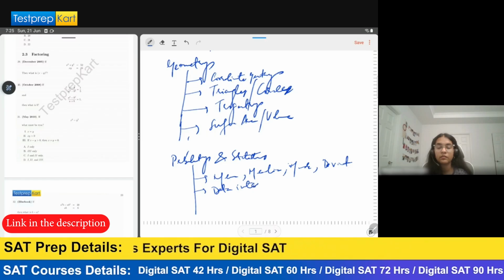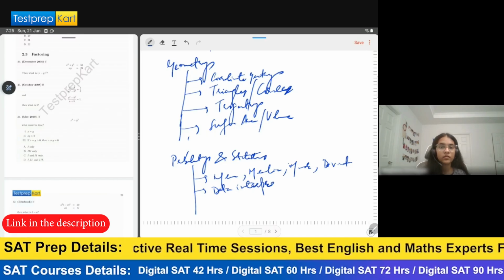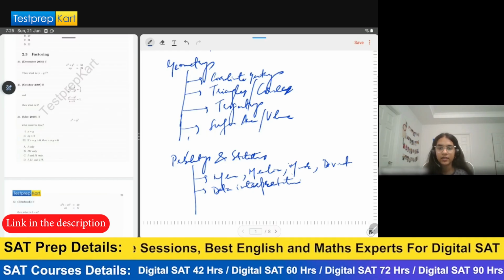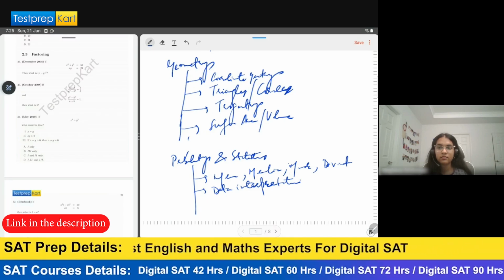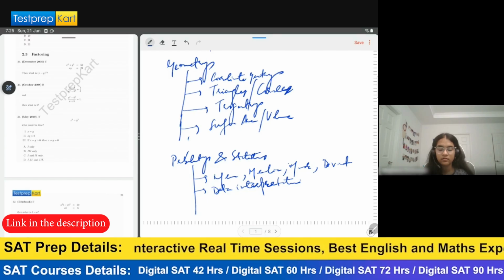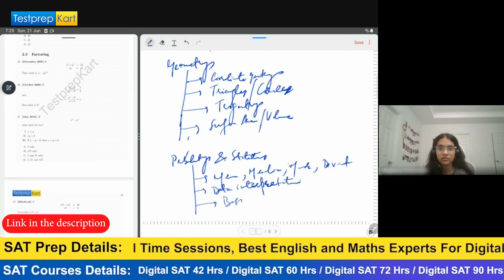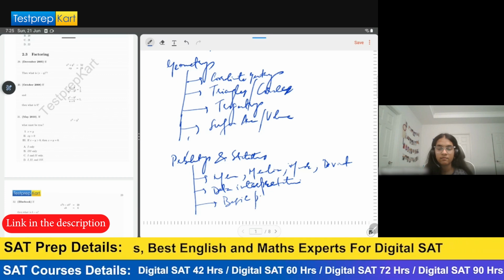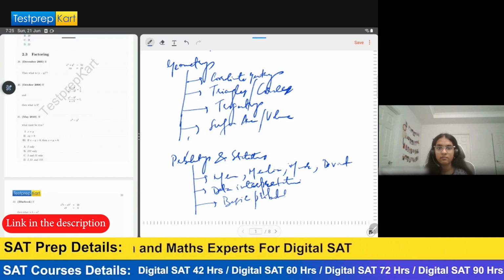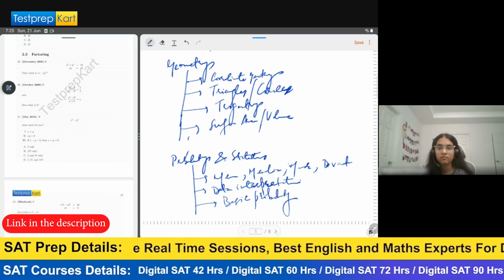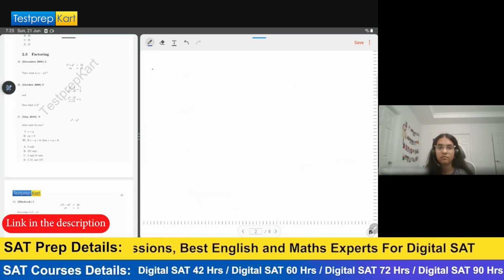Do you know what data interpretation is? Like analyzing data, right? Yes, like charts and tables, studying them and the statistics based on them. Then there is the last thing, basic probability. So this is the overall view of what needs to be covered.